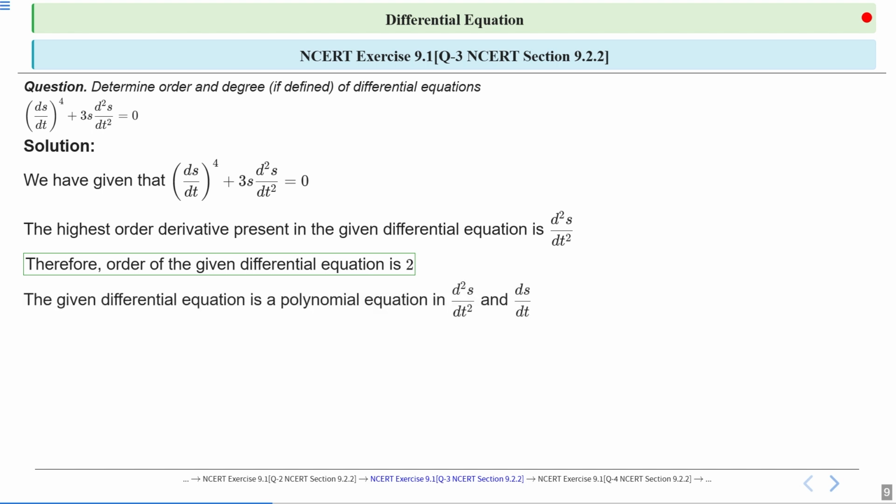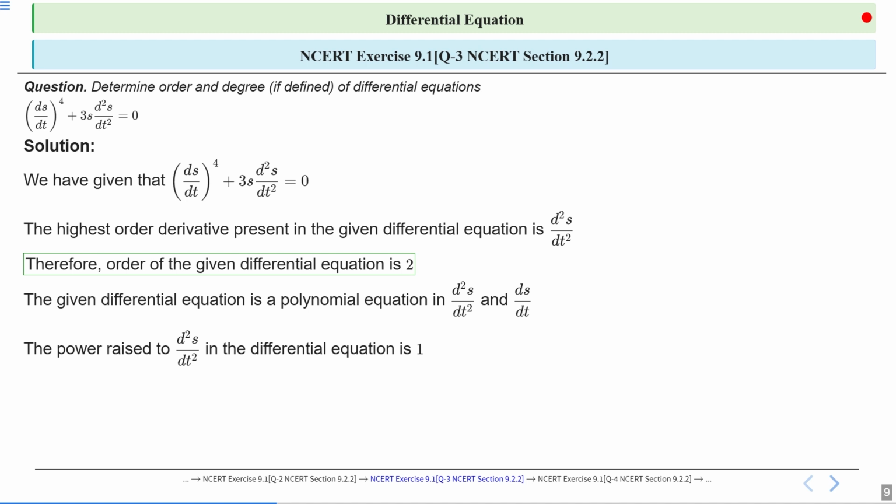Now we have to find the degree of the differential equation, and the given differential equation is a polynomial equation in d2s by dt square and ds by dt. The power raised to d2s by dt square in the differential equation is 1.